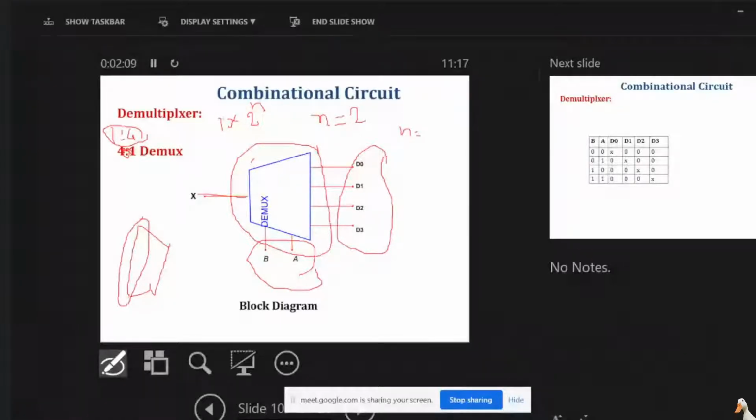So what is the task? Whenever we want to implement something, we know the basic fundamental is that we try to find the Boolean expression. Here we don't have any Boolean expression yet.